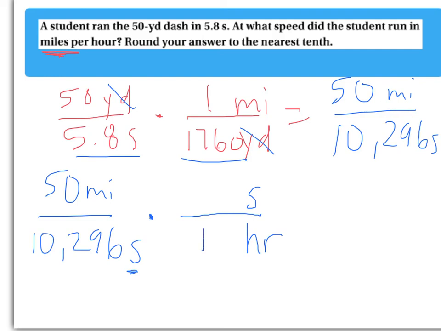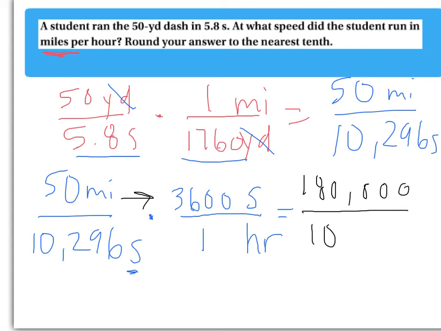So in 1 hour, there's 3,600 seconds. So if I multiply those across, 50 times 3,600 would give me 180,000 divided by 10,296. So now I have my seconds canceled, miles per hour.